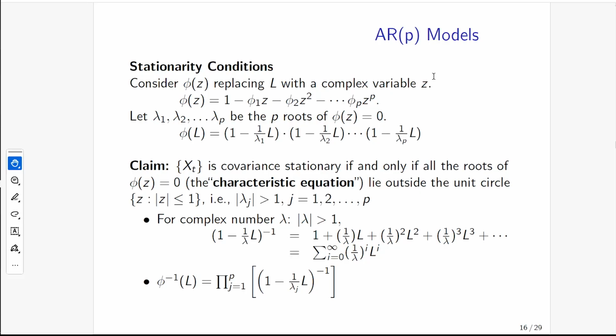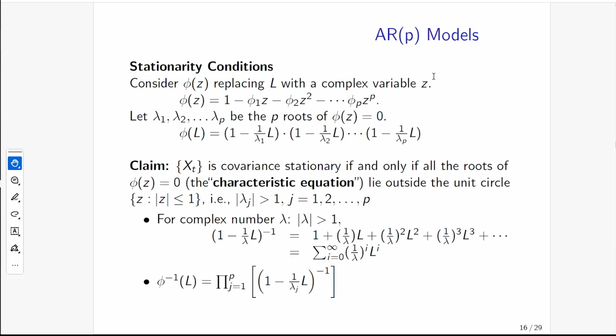And the coefficients are 1 over lambda to the ith power. So if these lambdas are bigger than 1 in magnitude, then the reciprocal of those is smaller than 1 in magnitude. So these terms will die down with a limiting value of 0. And that's necessary for this representation to be appropriate.